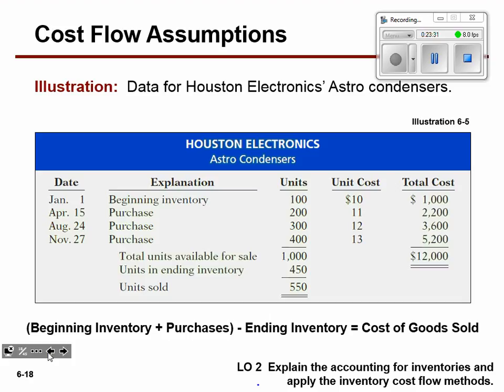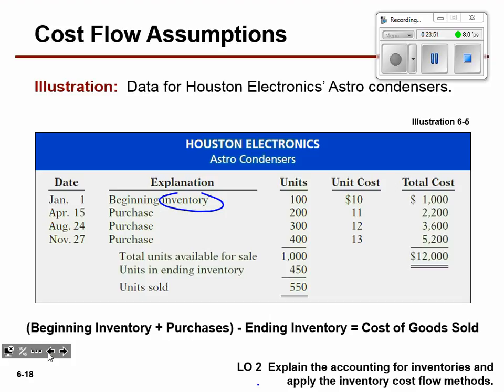We first have to sit and figure out, well, what do we even have going on here? Well, it looks like on January 1st, we had 100 units at a dollar amount of $10 a unit, okay? Are we having a time of rising prices?